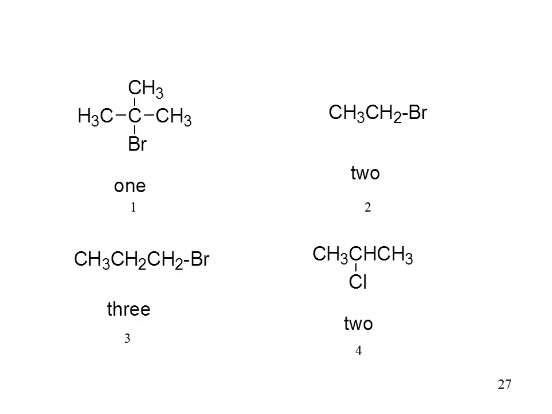In the following, compound 1 shows 1 signal because all the protons are equivalent, equivalently affected by bromine.